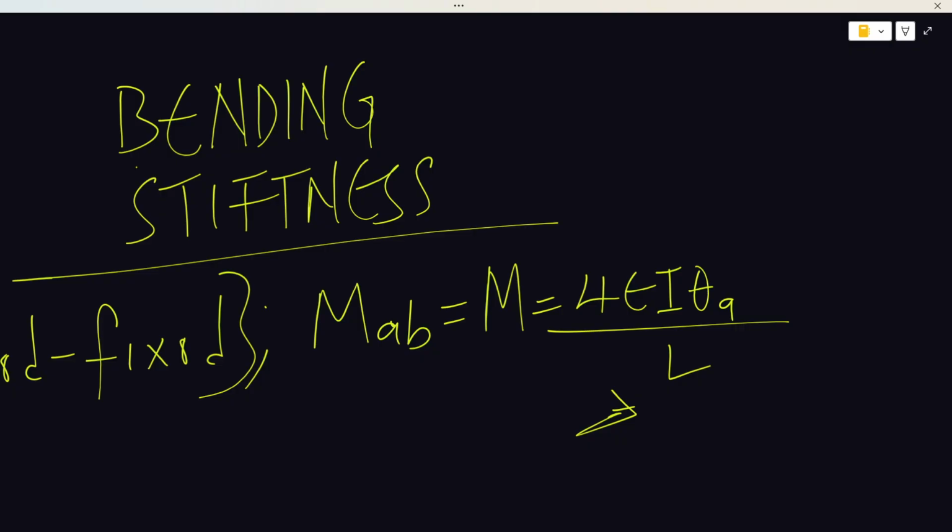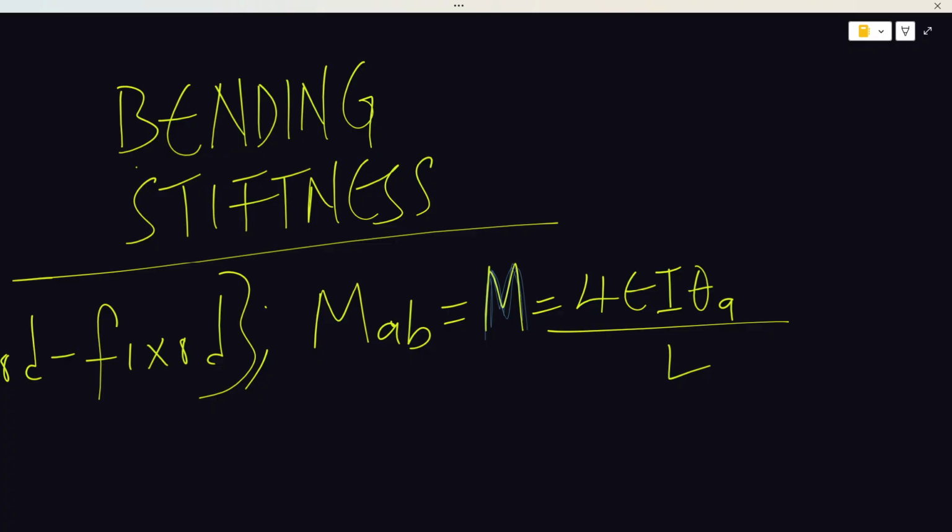So bending stiffness. Let me just give you a simple definition. Bending stiffness is how much moment can be used to cause a unit rotation. That is, how much applied moment. Now remember that this M here is applied moment. Remember I was discussing applied moment when we apply moments here, then carry over to the far end.